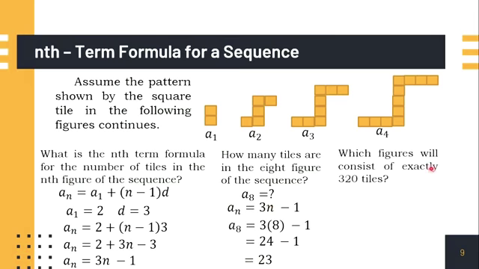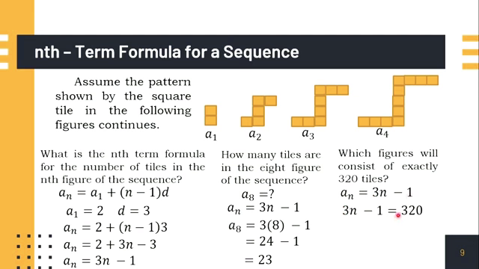Another, which figure will consist of exactly 320 tiles? Pang ilan kaya yung figure na yon na merong 320 tiles? Using this nth term, ibig sabihin, alamin natin yung n, yung position ng figure na merong 320 tiles. So, 3n minus 1, ito daw, ang value daw nito ay 320.